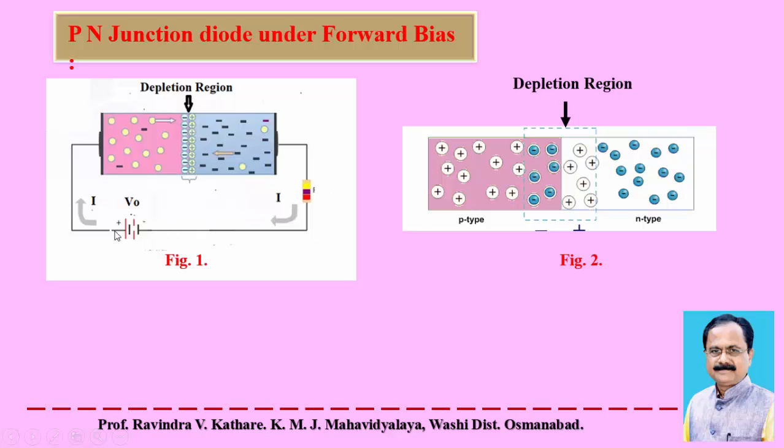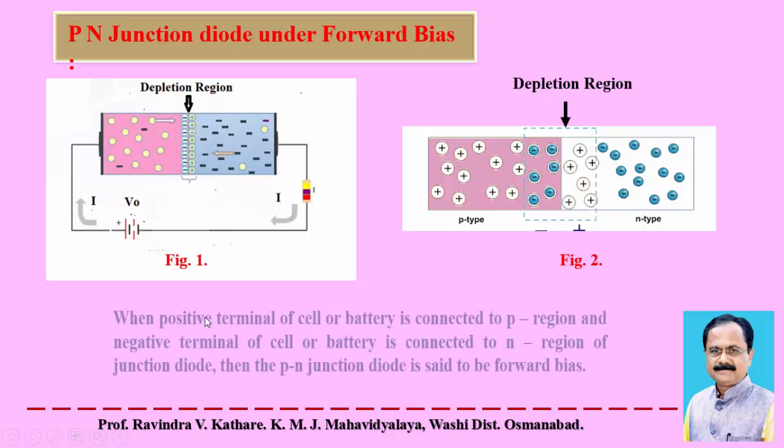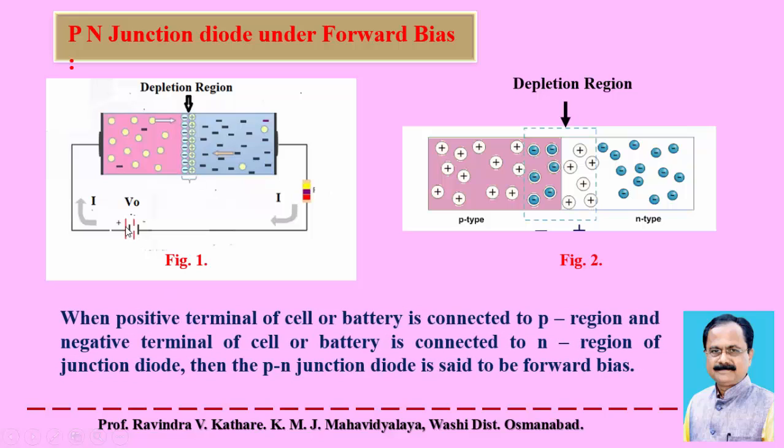In figure 1, when a battery or cell is connected across the PN junction diode, the positive terminal of the battery is connected to the p-type semiconductor and the negative terminal to the n-type semiconductor. Then the PN junction diode is called forward biased.